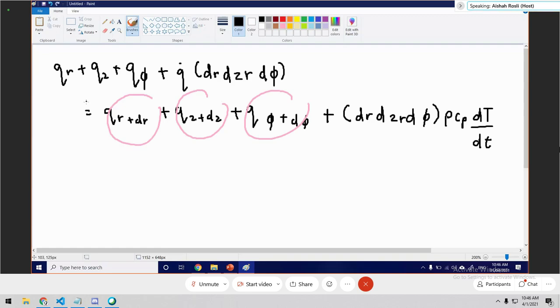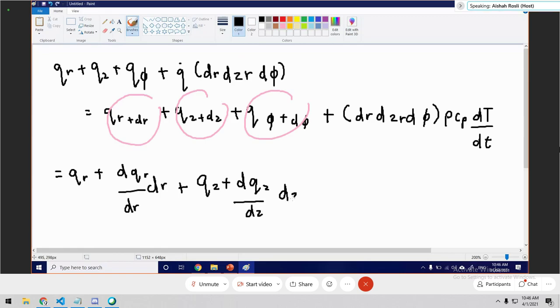So for the right hand side of the equation we will get Qr plus dQr over dr times dr, plus Qz plus dQz over dz times dz, plus dQ phi over d phi. Wait, I missed something.